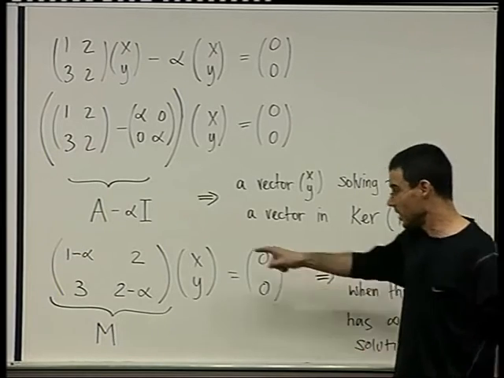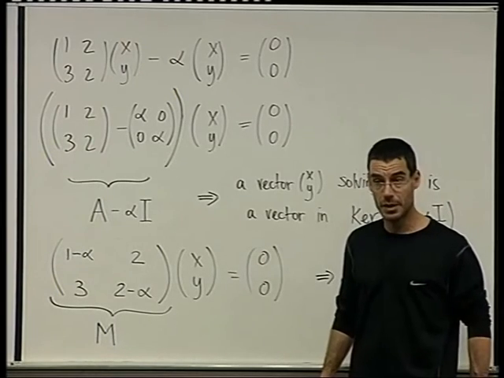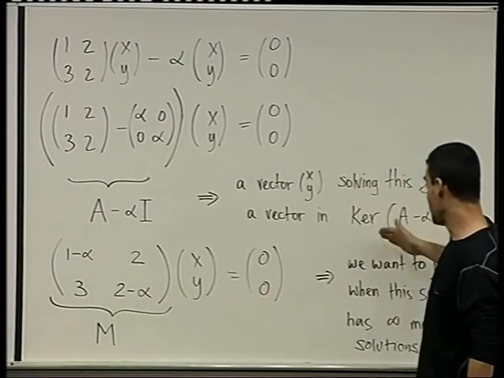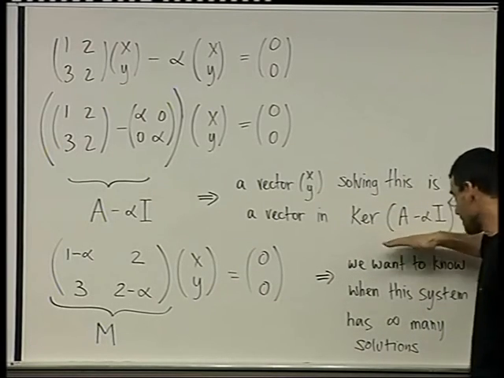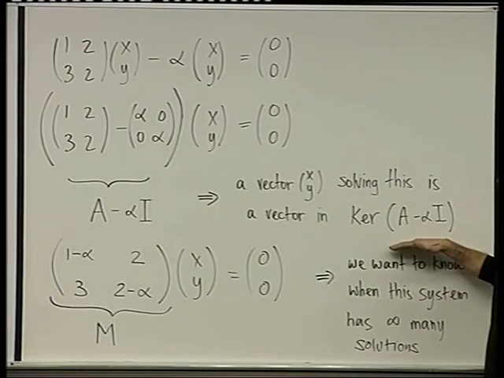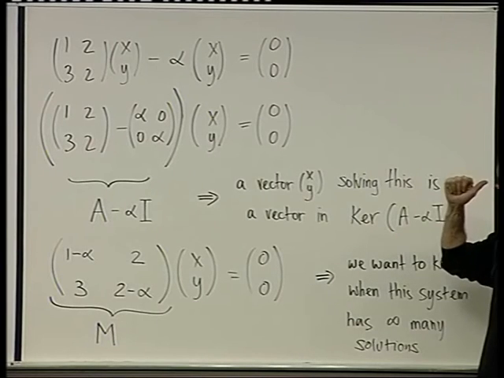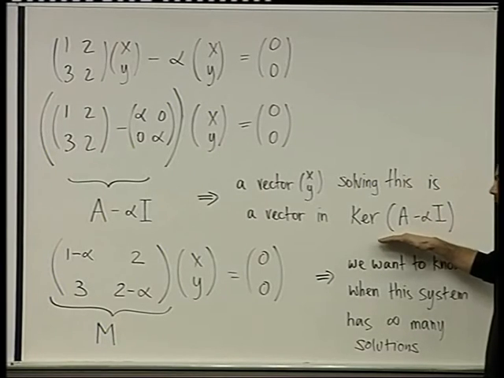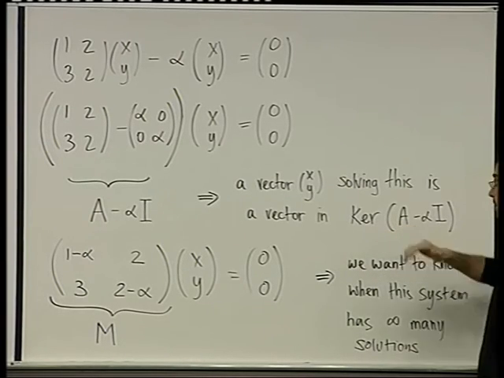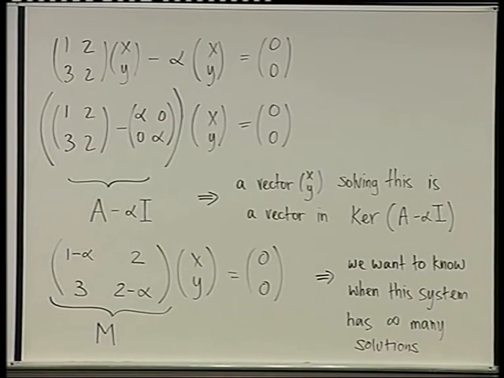Now we want to find the solutions themselves, and the solutions are the non-zero elements in this kernel. So step 1, find the alphas. Step 2, find the v's. Good? Okay, so let's write that as well.